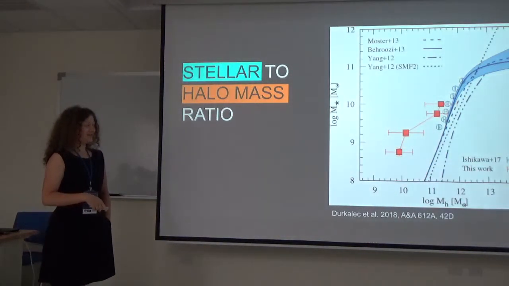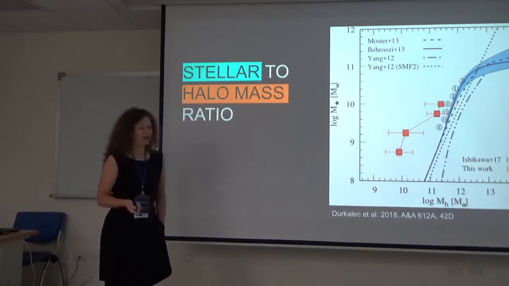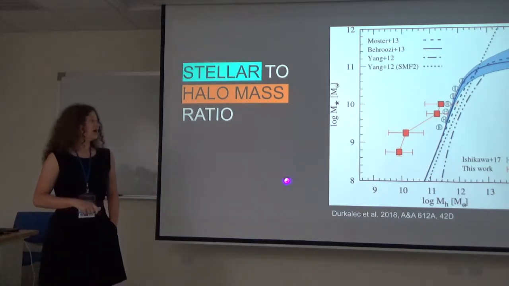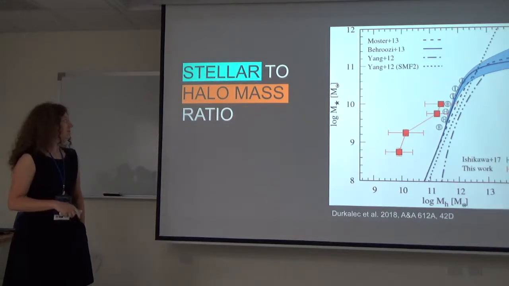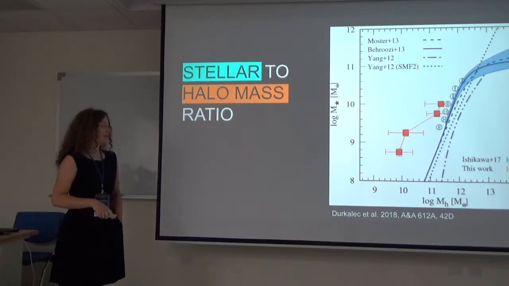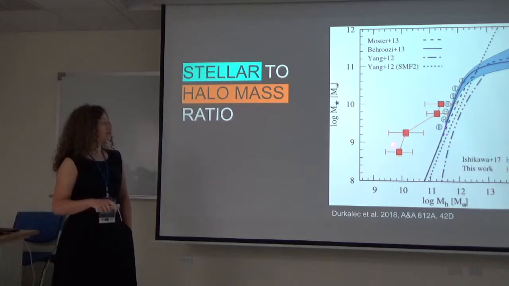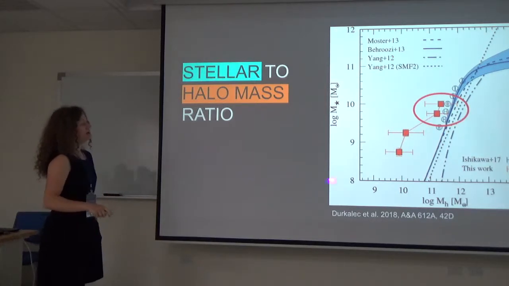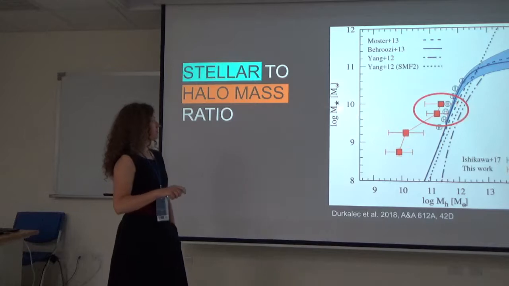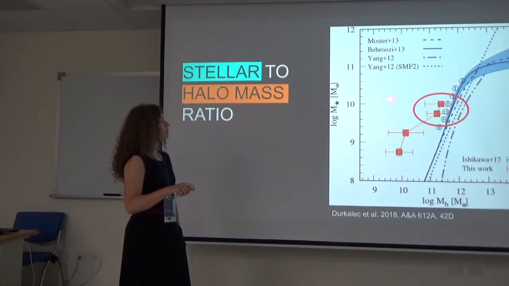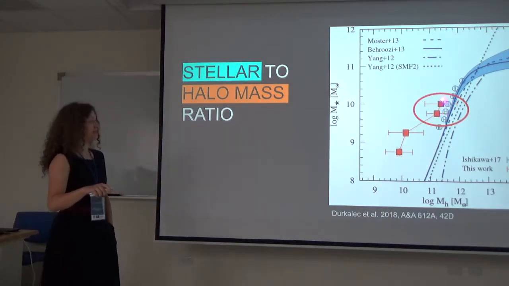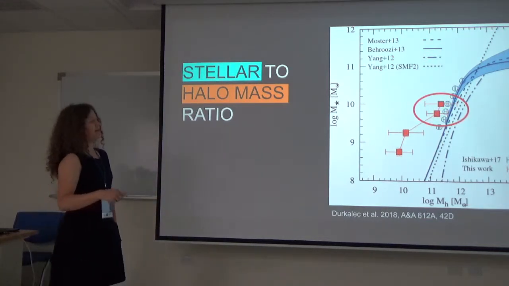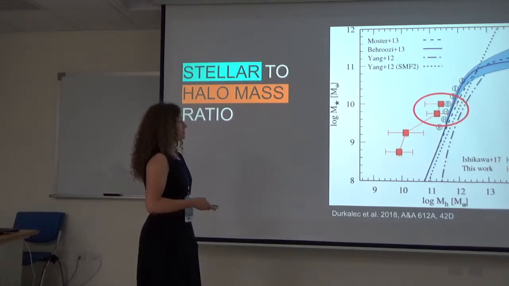Another thing that you can take from this: we have halo masses, we have stellar masses. Let's compute the stellar to halo mass ratio between them. What you can see here, again, are points at redshift 3. This is the model, and for the galaxies with massive stellar mass, we are more or less in agreement with the model, which is all nice and fun.